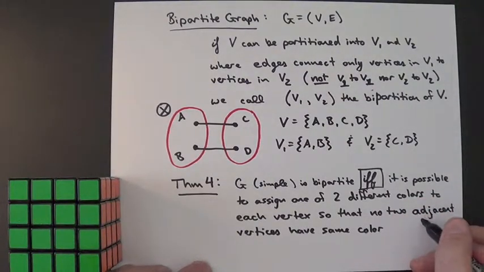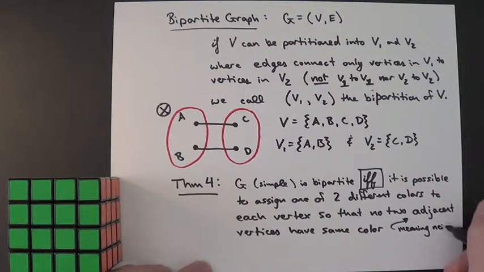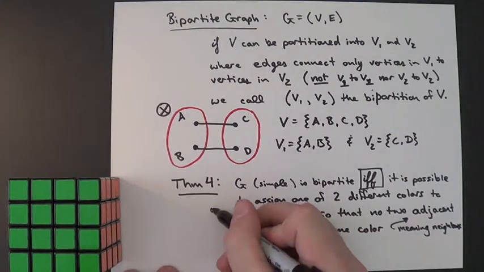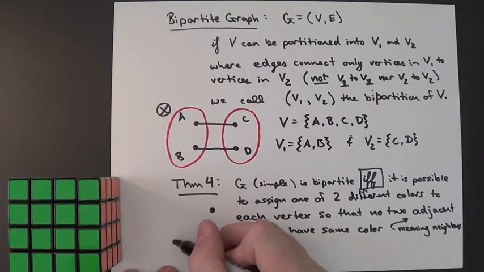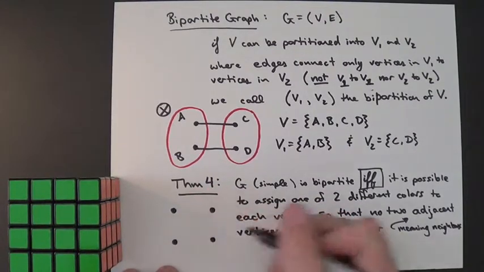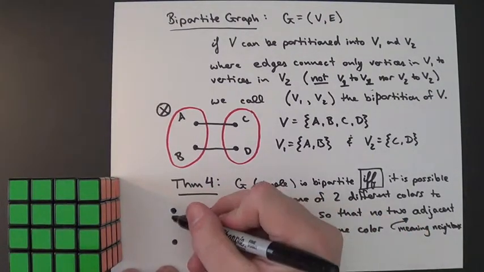Adjacent, of course, meaning neighbors. Direct neighbors, if you will. A set like this one. We'll just stick with the 4 elements because it's simple enough.